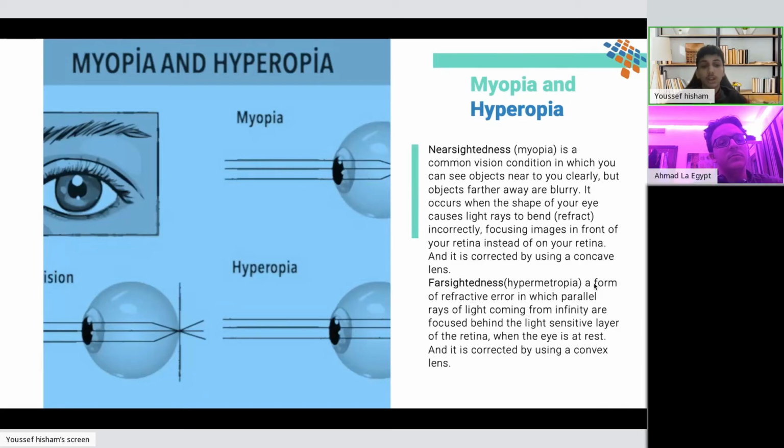Farsightedness is a disease in your eyes that allows you to see stuff from near, but you can't see the far stuff. So you need glasses to look at the far stuff. But nearsightedness is a common disease that allows you to see near objects, but it doesn't allow you to see the far objects. So you need glasses to help you fix that. That's why we have lenses for myopia and hyperopia.